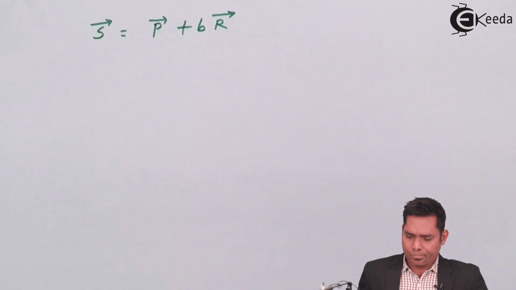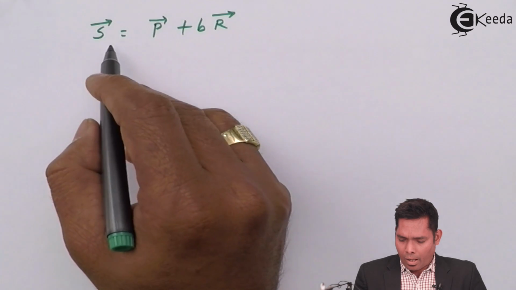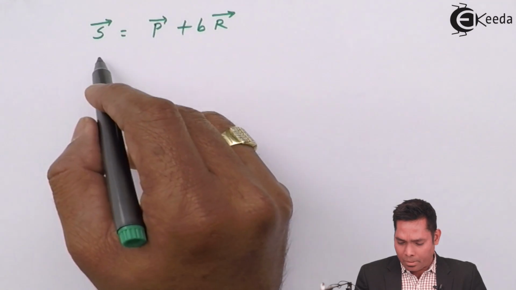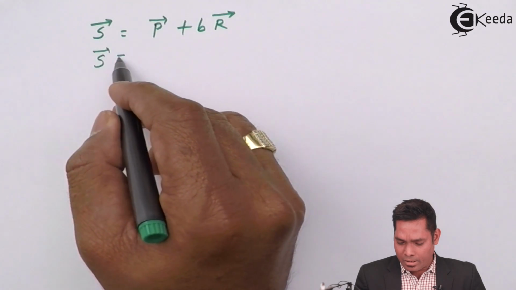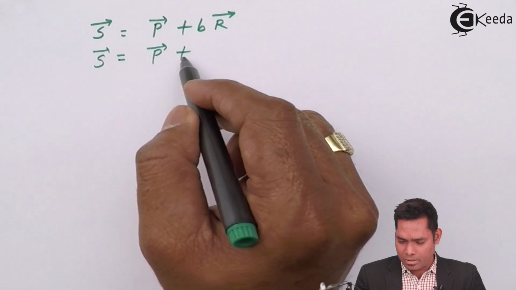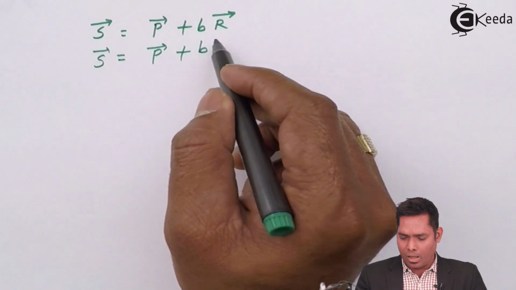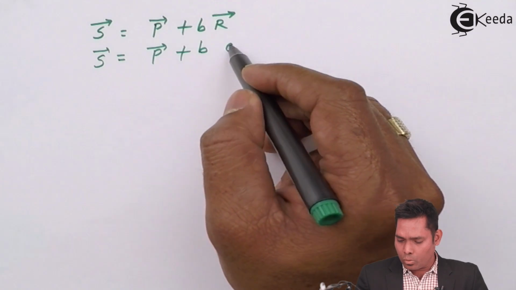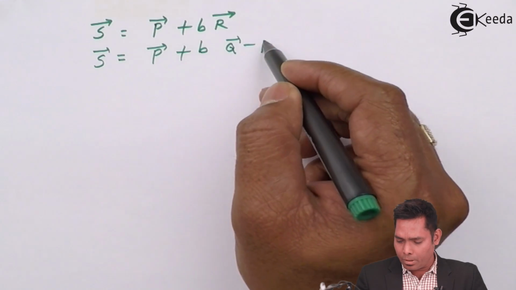I want to eliminate this R, and R can be replaced by Q vector minus P vector.